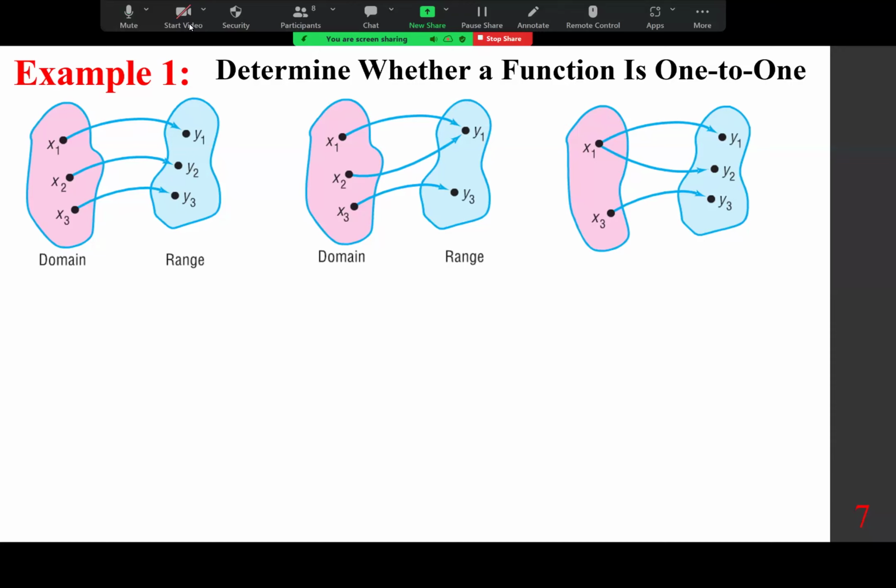Let's look at a simple example. Determine whether a function is one-to-one. If you look at this one, it represents a one-to-one function because for every element in the domain, there is precisely one element in the range.